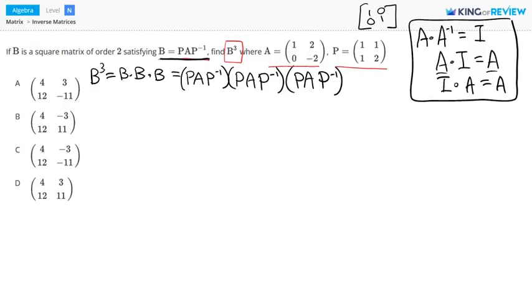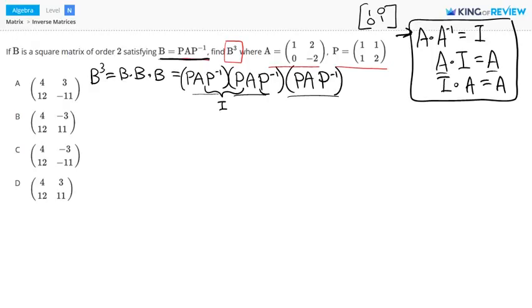So let's look at our problem here. We have B cubed written out here. Now, what I want you to pay attention to is this rule here. If we have a matrix times its inverse, it will equal the identity matrix. So where do we see that here? Well, we have P inverse times P. So that's going to equal the identity matrix there.